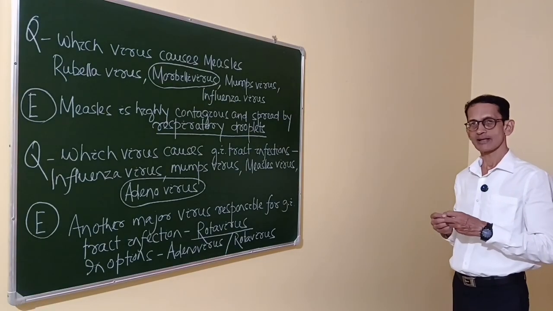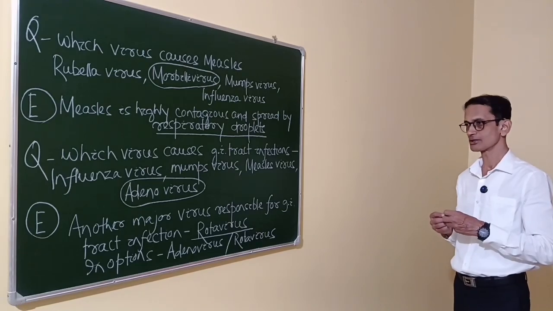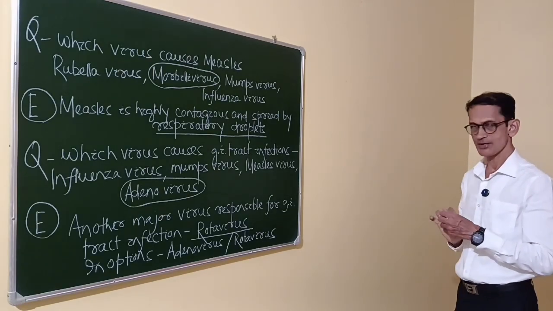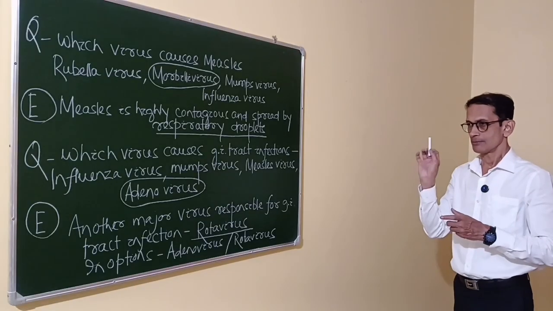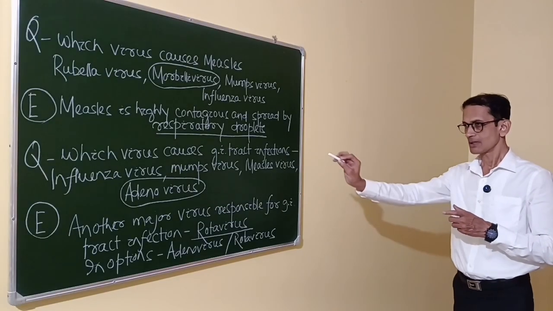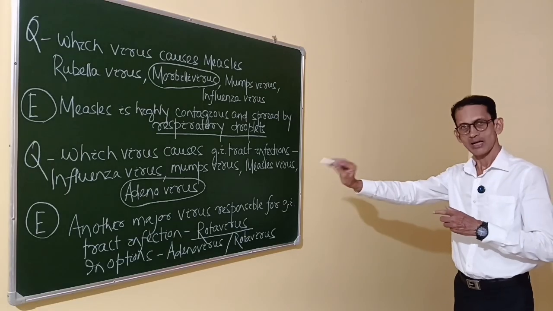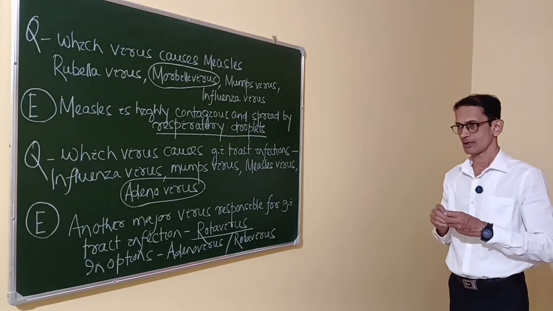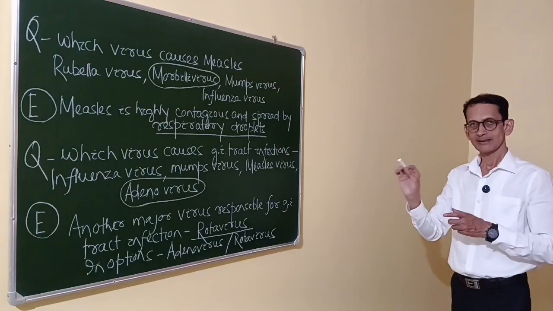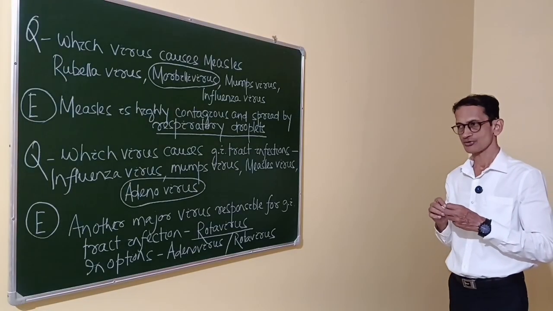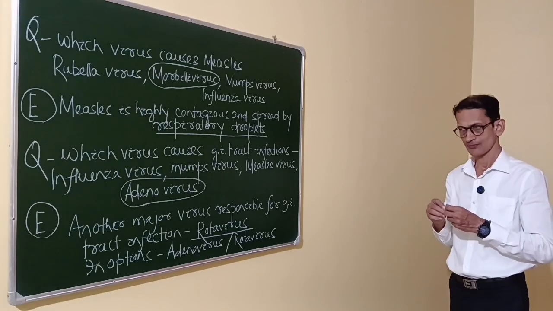Next question: which virus causes gastrointestinal tract infections? Options: influenza virus, mumps virus, measles virus, and adenovirus. Check out the explanation here, guys. Adenovirus is the correct option from these options. But at the same time, another major virus which is responsible for GI tract infections is rotavirus.